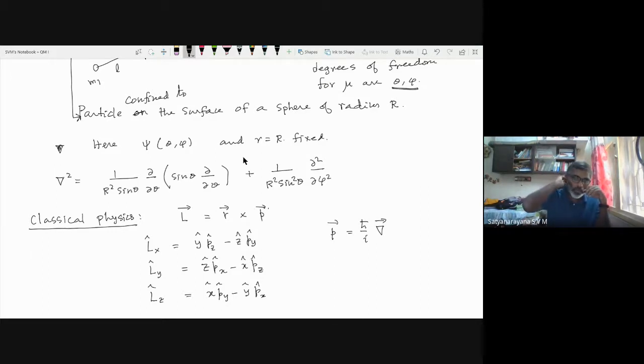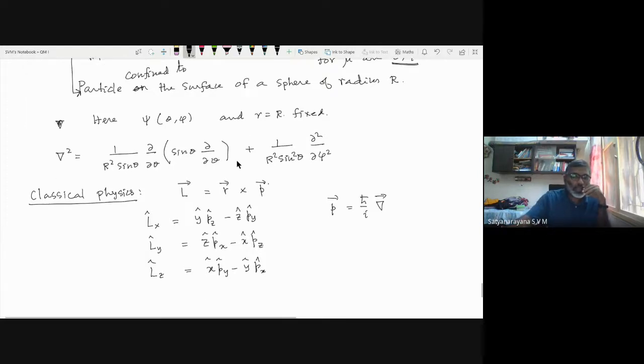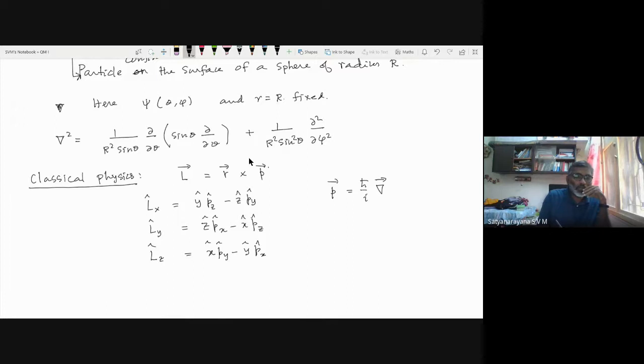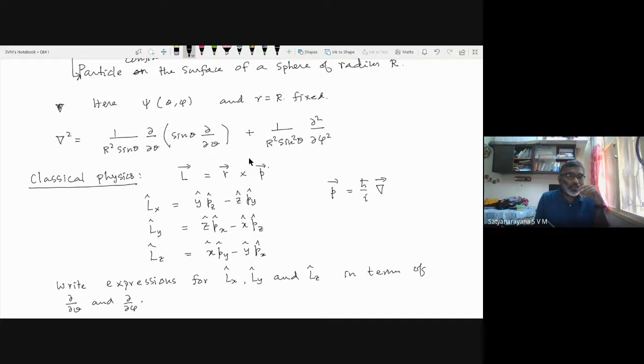So that is in terms of del by del x, del by del y, del by del z, and you write them in terms of the spherical polar coordinates and write expressions for the Lx operator, Ly operator, and Lz operator in terms of dou by dou theta and dou by dou phi, of course r is fixed.